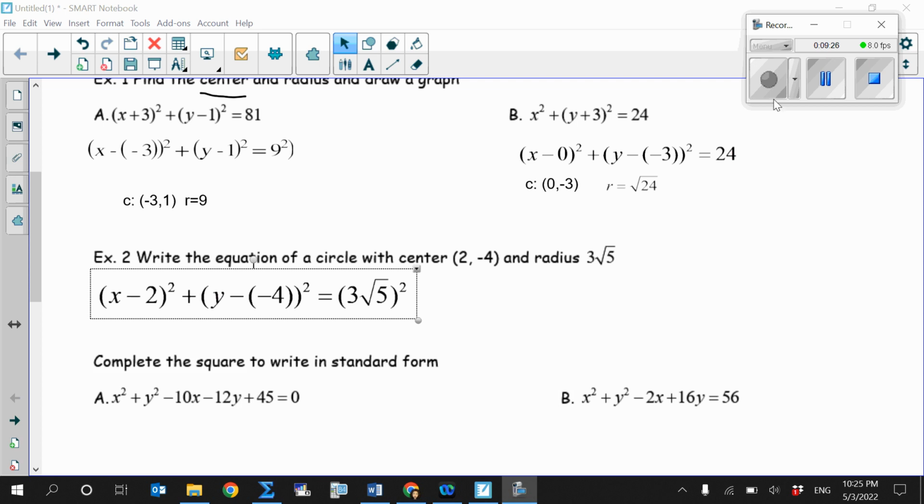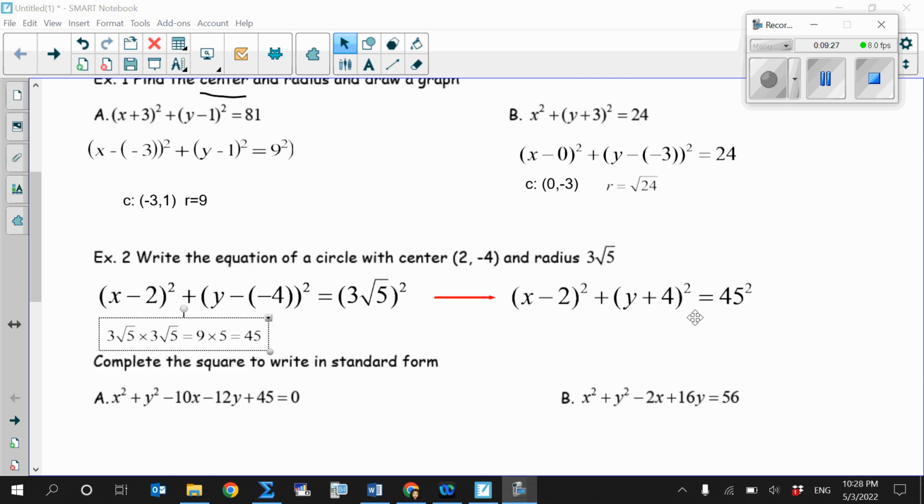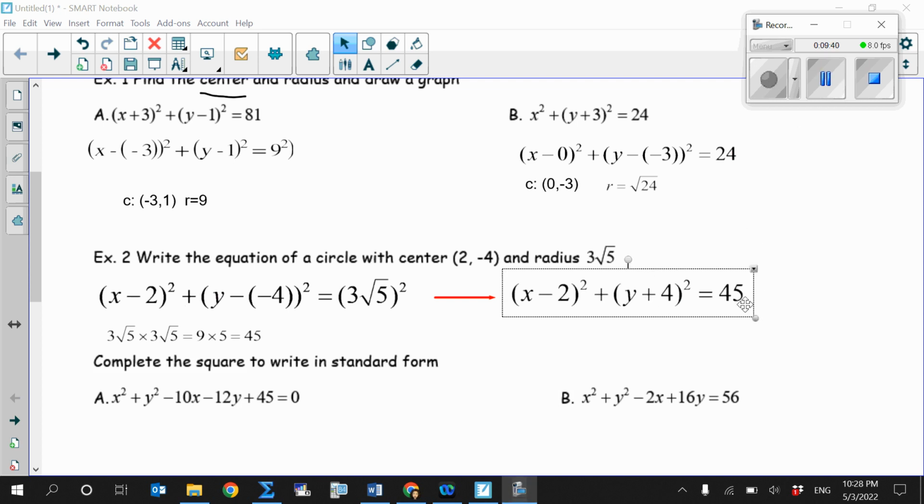So the equation will look like x minus 2 squared plus y plus 4 squared equal to 45. I'm sorry, this is not 45, it's squared. Okay, so I just fixed that for you. So x minus 2 squared plus y plus 4 squared equal to 45.